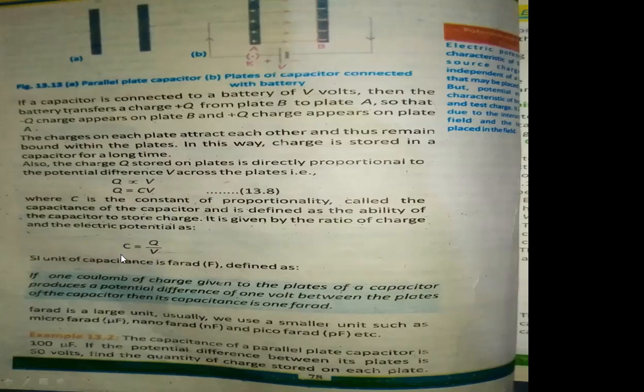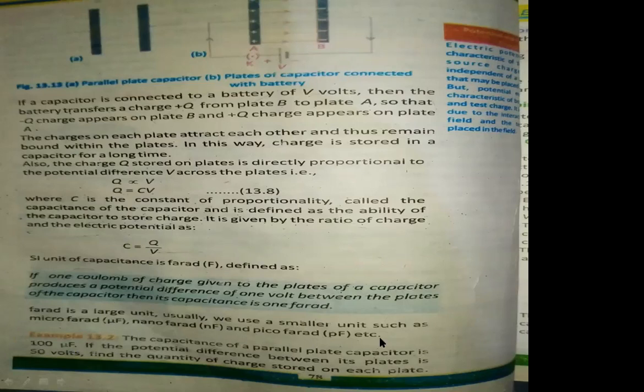Simple as that. So 1 coulomb charge produces a 1 volt potential difference, and the capacitance will be 1 farad.